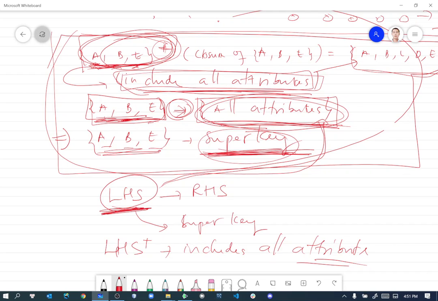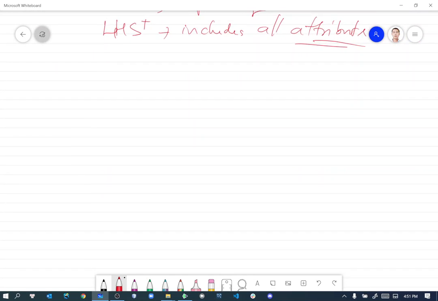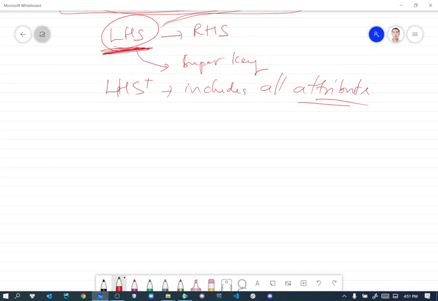Okay, so again, this is too important that I have to write. Left hand side being a super key is the same as the left hand side, or some attribute, determining all attributes.